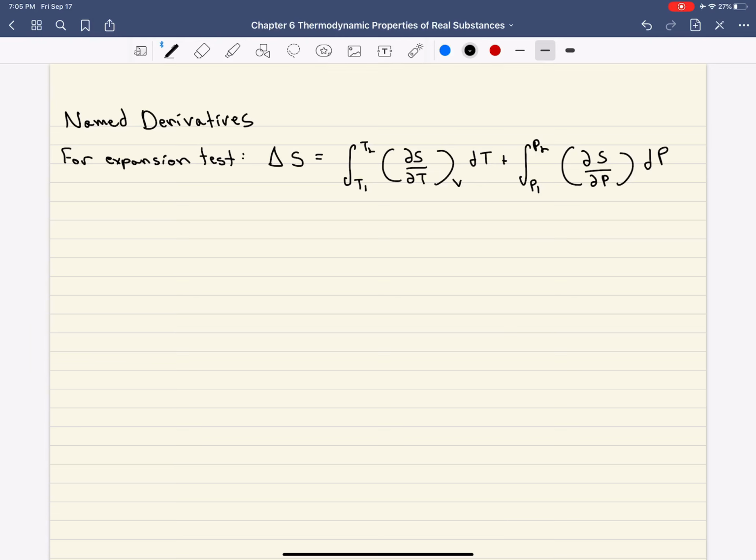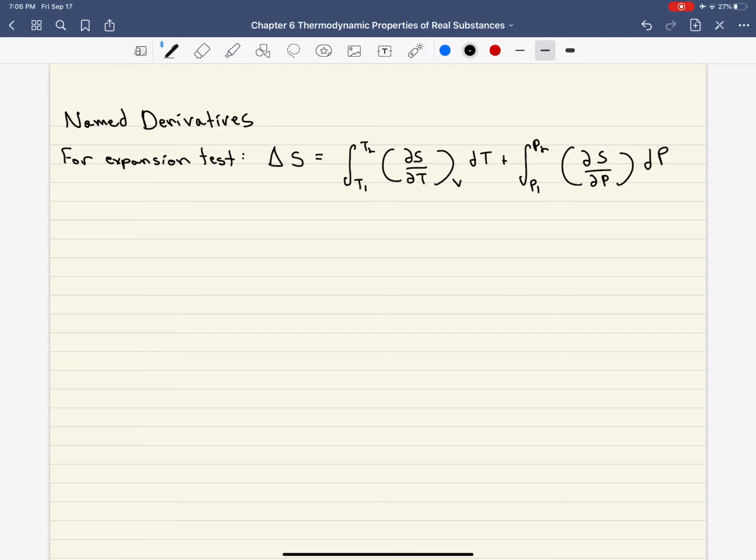All right. Now that we've explored various different types of mathematical tools we could use to manipulate our thermodynamic functions, let's go back to the beginning and look at that equation we had for that expanding gas test that we wanted to use. So we had delta S is equal to (dS/dT) dT plus (dS/dP) dP.